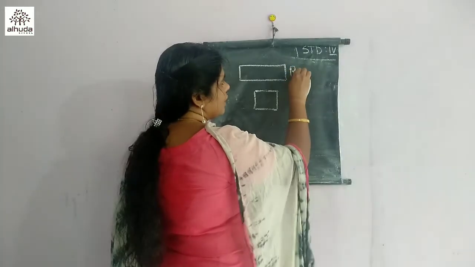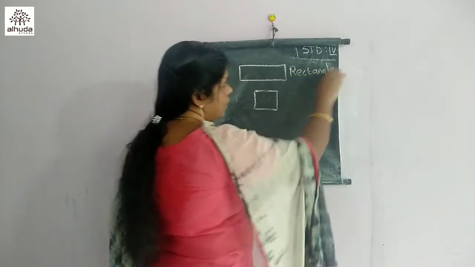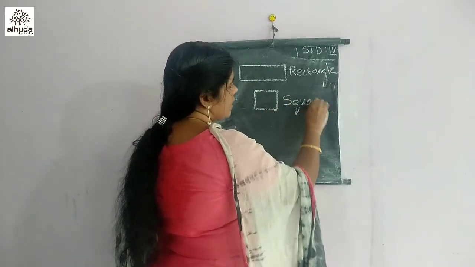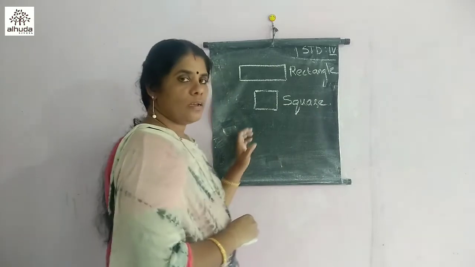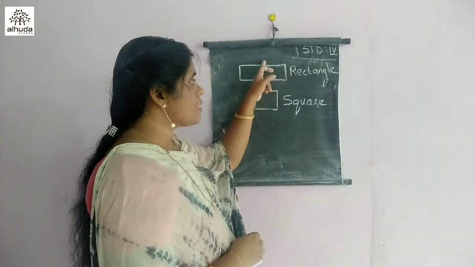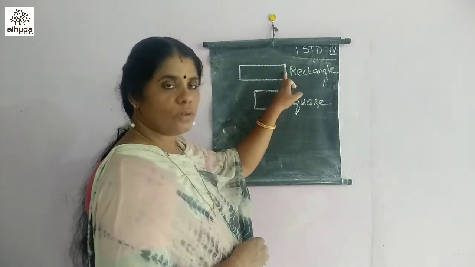This is a rectangle. But in a square, all sides are equal. And this is a square. What is the speciality of a square? In a square, all sides are equal, but in a rectangle, opposite sides are equal.